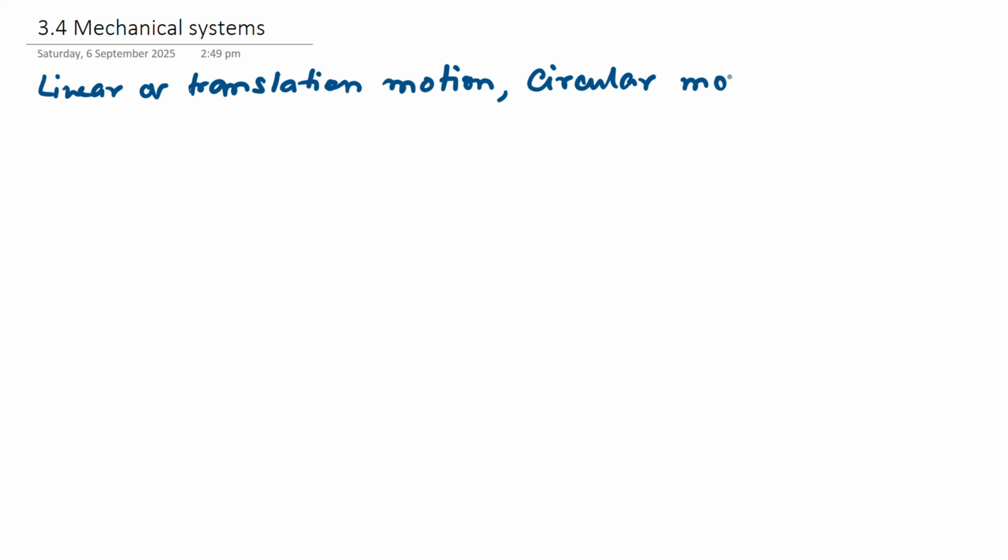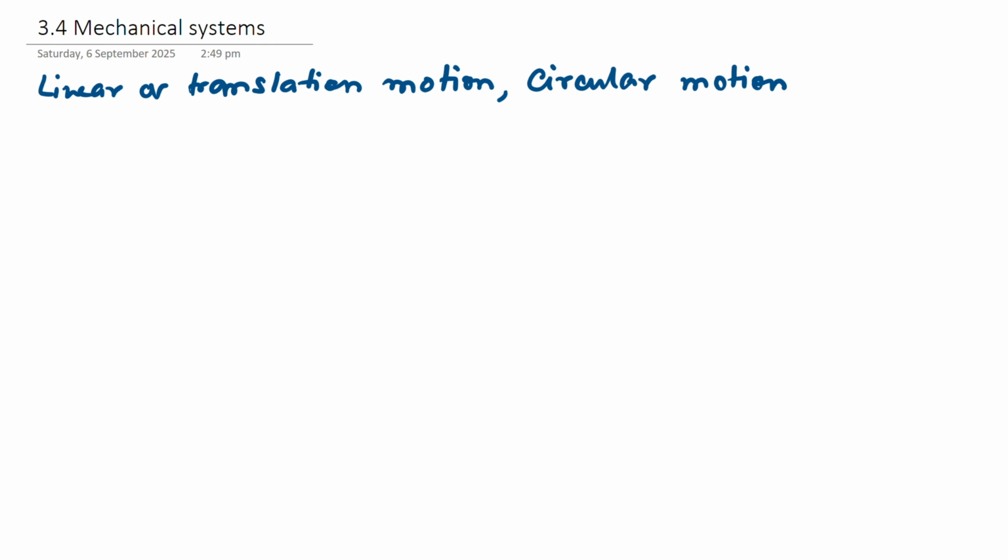So these 4 parts are, first of all, linear or translational motion, where we analyze motion of objects mostly in a straight line. Then secondly, we have circular motion, which is an object's movement in a circular path.